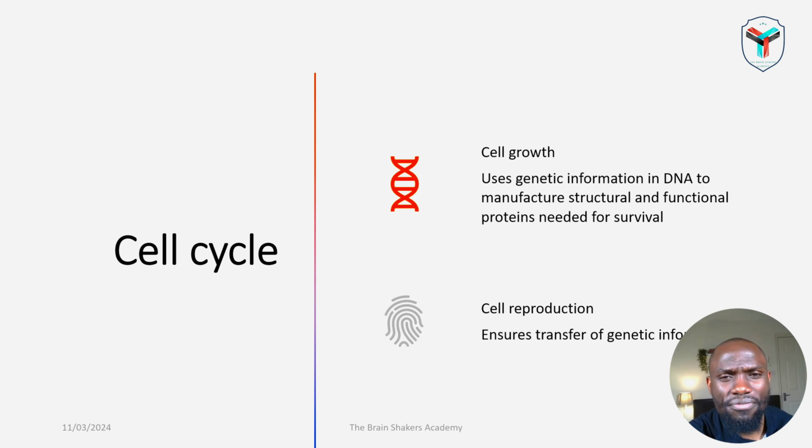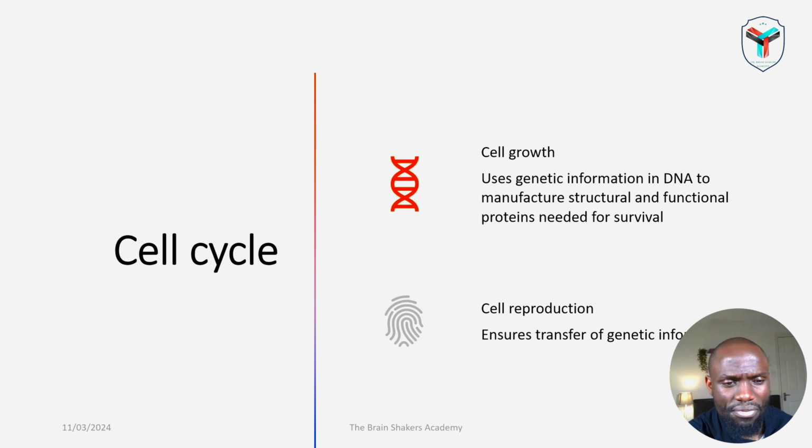Now, there are phases for this particular cell to undergo. Within the cell growth phase or the interphase, it goes through a number of phases. And also when it gets to the mitotic phase, it goes through a number of phases.